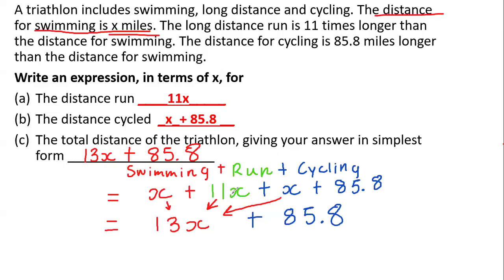Then the cycling part was x plus 85.8. So you add all of the x's together to get 13x. That's correct. What do we do with this part? And then you add on the 85.8. Very good. Can we add these two terms? No, sir. So it has to stay that way. Very good. So we cannot simplify further.